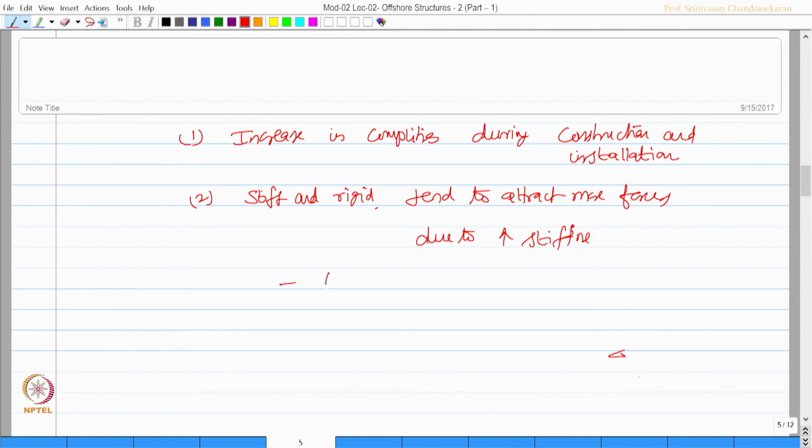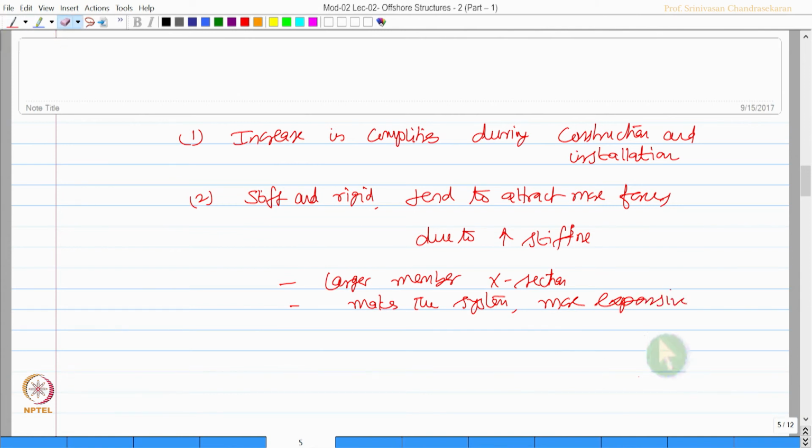So, this will result in larger member cross sections, and it makes the system more expensive. It is due to these reasons that fixed structures are not preferred for higher water depths.